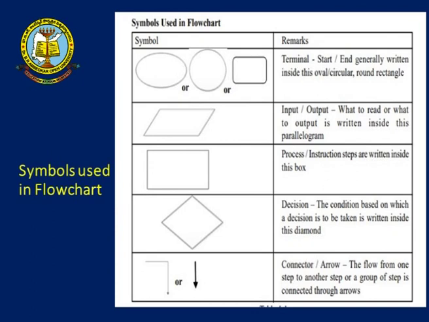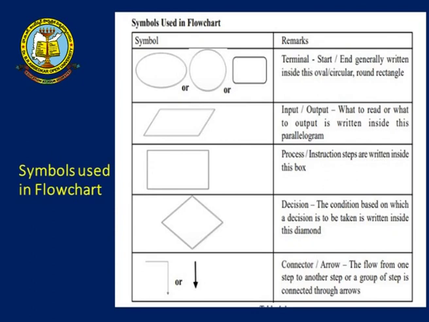That processing task will be done in the rectangle, and the diamond is used for decision making. The four corners of the diamond are used in such a way that the first corner is used to take the input, the last corner is used to give the output, and the two side corners are used as follows. If the decision is true, we will use one side corner.